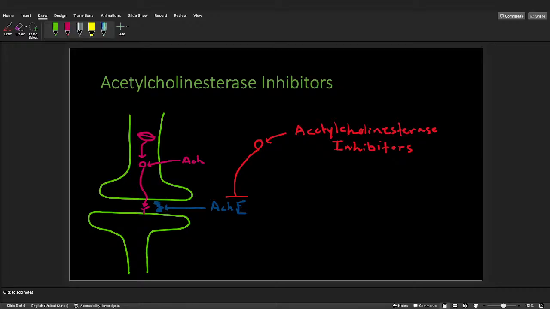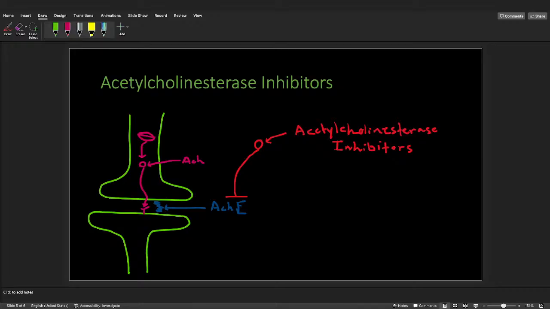Now, there's no cure to this, but it will at least help the patient, or assist them in their cognitive functioning, rather than seeing a rapid decline in their activities.